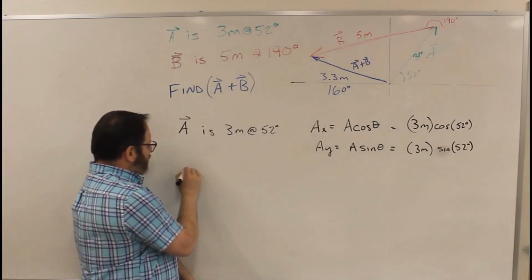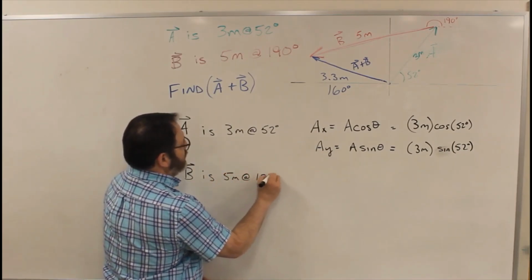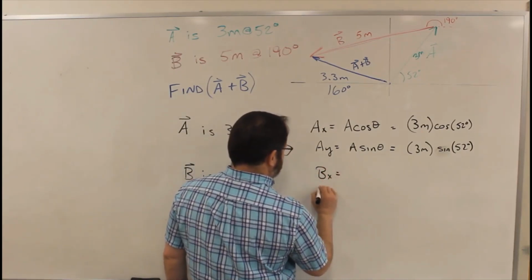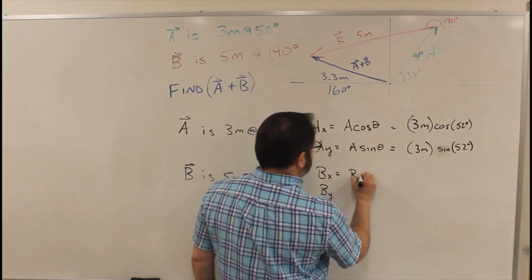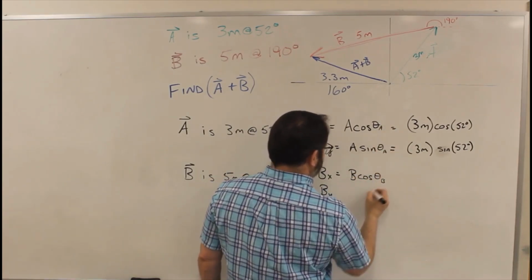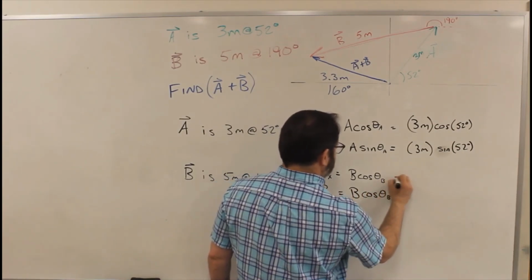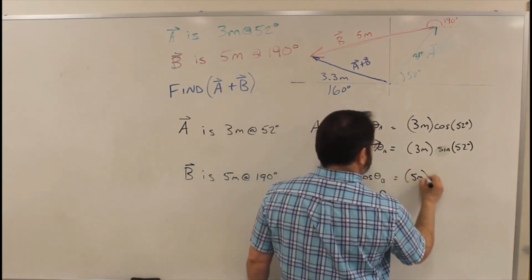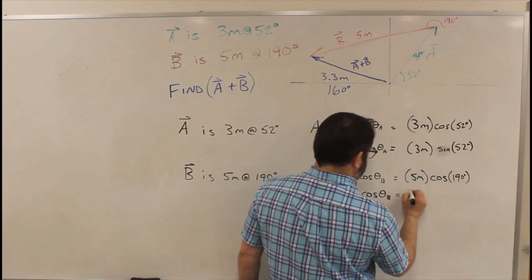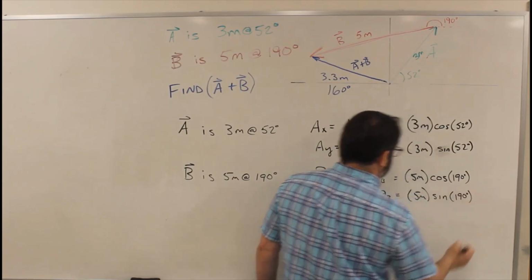Then we've got B is 5 meters at 190 degrees, so we have to do the same thing for that. BX, BY. So B cosine theta. So this is theta for A. This is theta for B. So this is 5 meters times cosine 190 degrees. This is 5 meters times sine of 190 degrees.